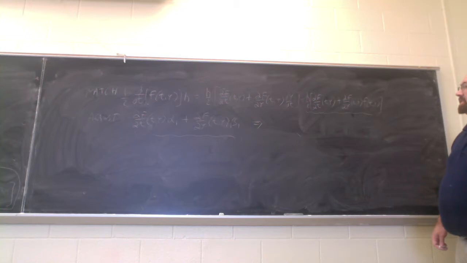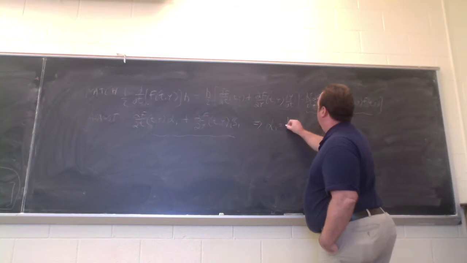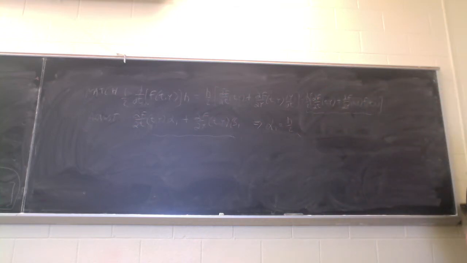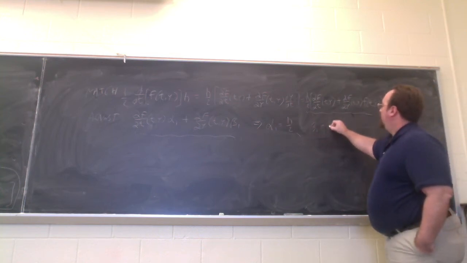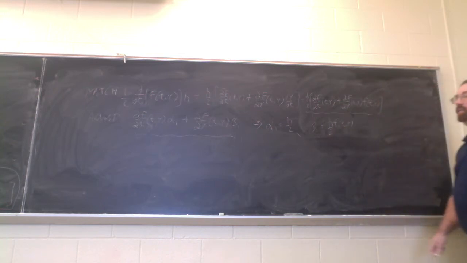So alpha 1 has to be h over 2. Beta 1 has to be h f of t, y over 2. So now all the parameters are determined, just to try to match things up to this point. So there's no point in going further now that everything's been determined.